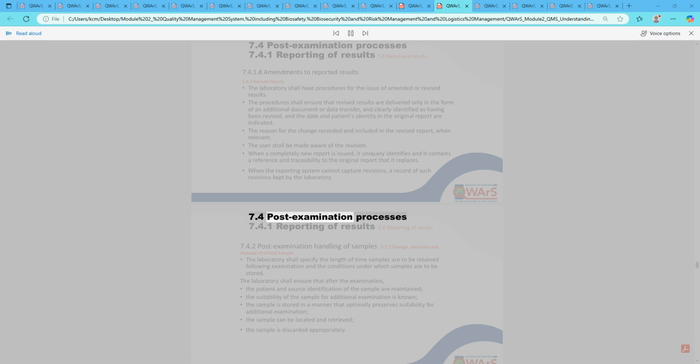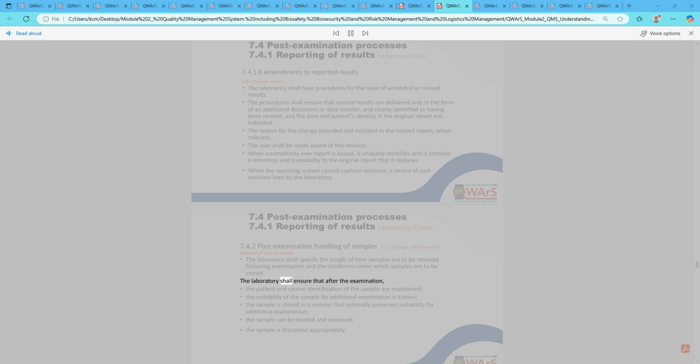7.4 Post-examination processes, 7.4.1 Reporting of results, 5.8 Reporting of results. 7.4.2 Post-examination handling of samples, 5.7.2 Storage, retention, and disposal of clinical samples. The laboratory shall specify the length of time samples are to be retained following examination and the conditions under which samples are to be stored.